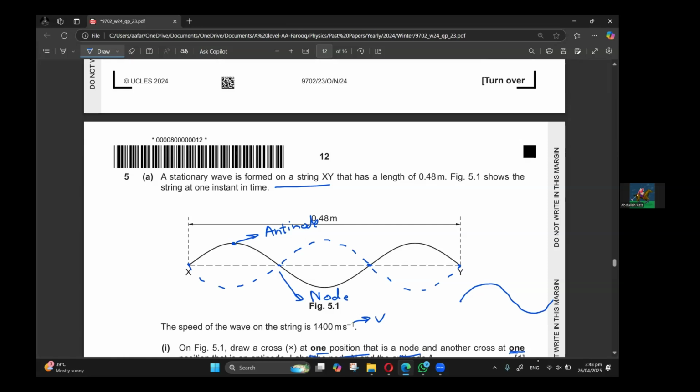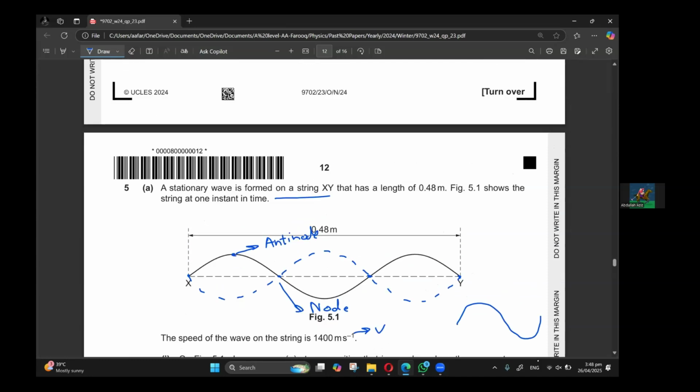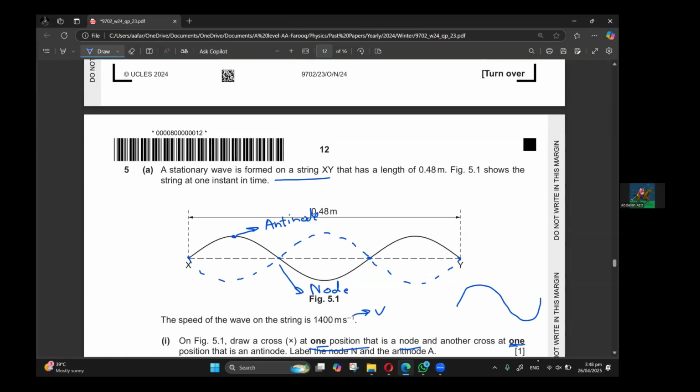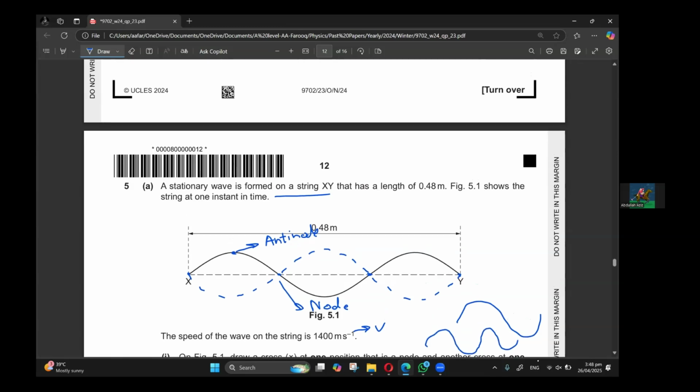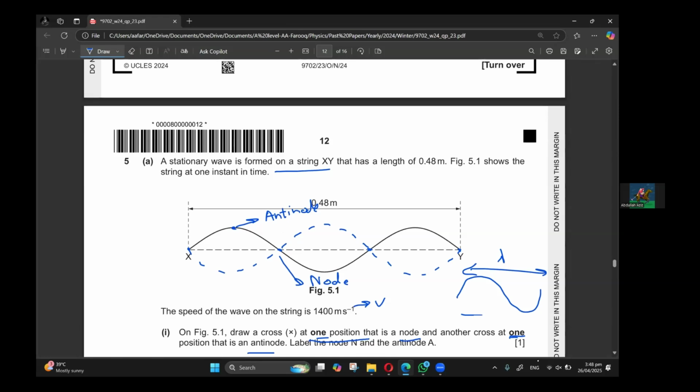So this is one stationary wave. So how many stationary waves are these? This is one, this is two, but let's say this gives us one wavelength, right? This is one wavelength.